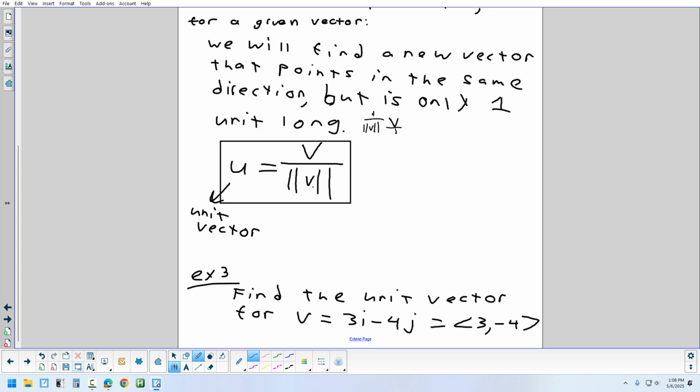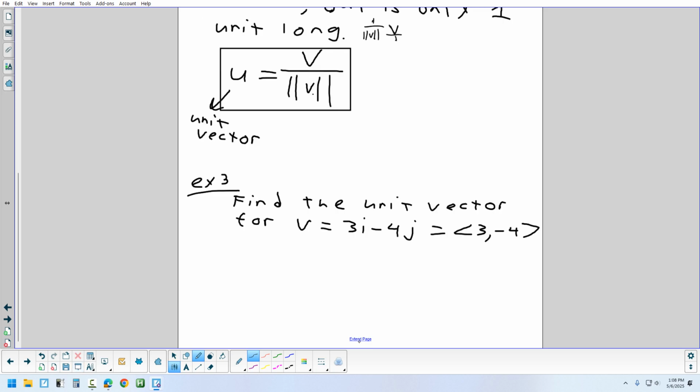Would you have to do the addition or the subtraction of it? Well, what does it mean if something's a unit vector? The magnitude is 1. Right, the magnitude. So that's the first thing I need to find. What is the magnitude of that vector? If it's already 1, then we're done. If it's not, then we need to fix it.